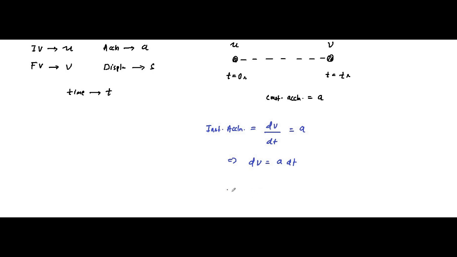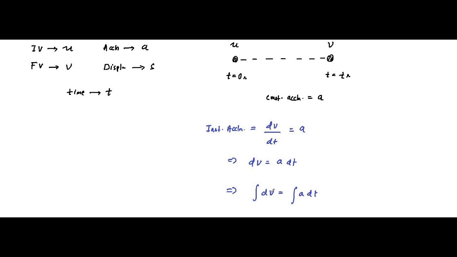Now we have to integrate both sides, dv and a dt. So here the question is, what are the limits of this integration?